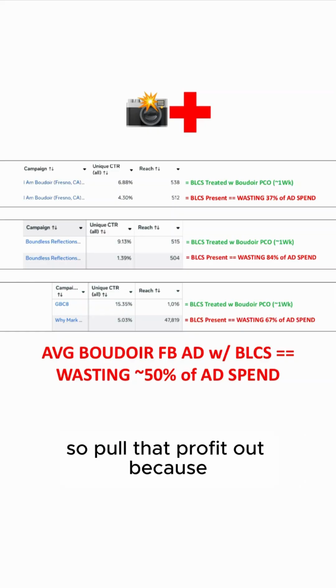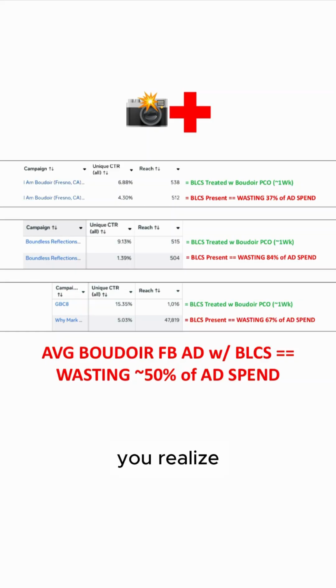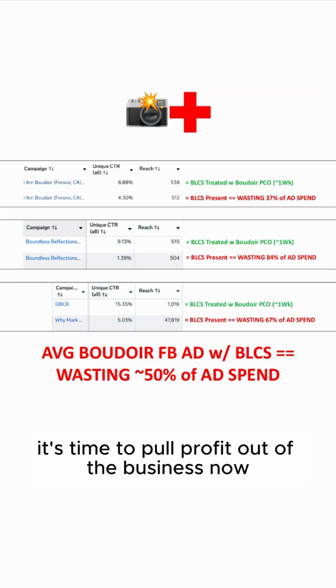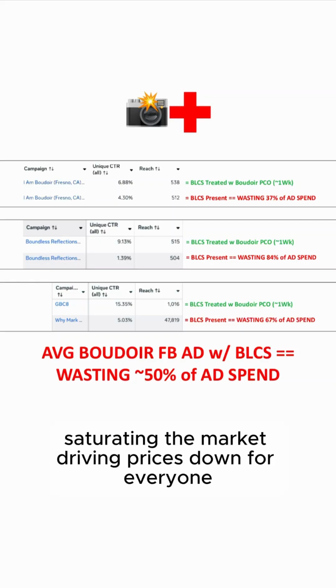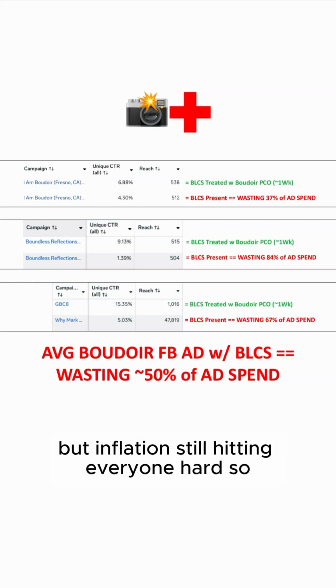So pull that profit out because you realize it's time to pull profit out of the business now because more boudoir photographers popping up on Google My Business profile, saturating the market, driving prices down for everyone, but inflation's still hitting everyone hard.